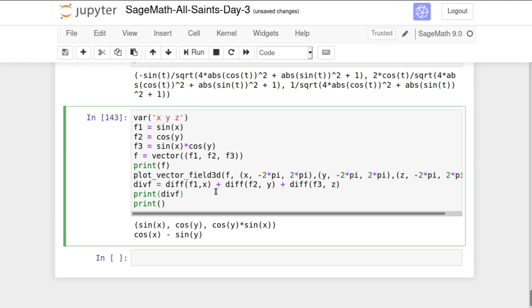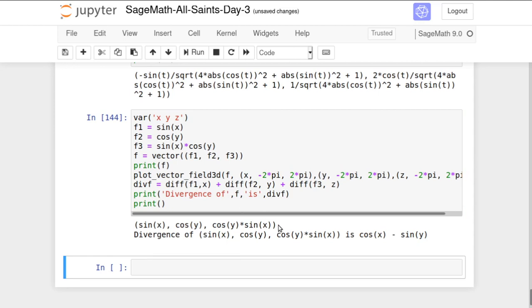We will slightly modify it. Divergence of f, somewhat neatly formatted. Divergence of this is cos x minus sin y.